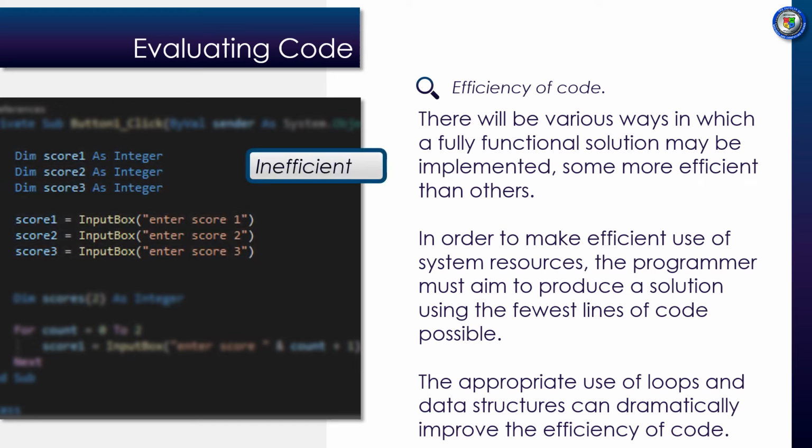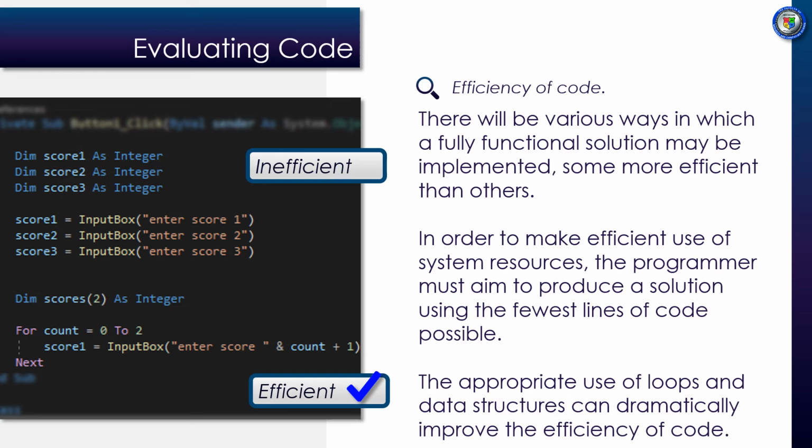In this example, we can see that the programmer has declared 3 variables and used 3 lines of code, each of these lines of code doing a similar thing, inputting a score. This is quite inefficient.